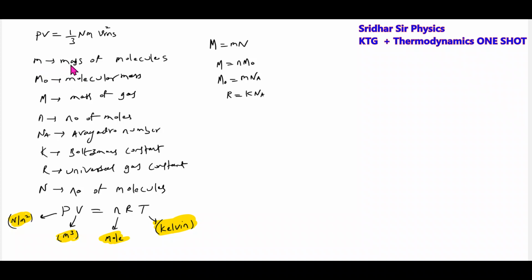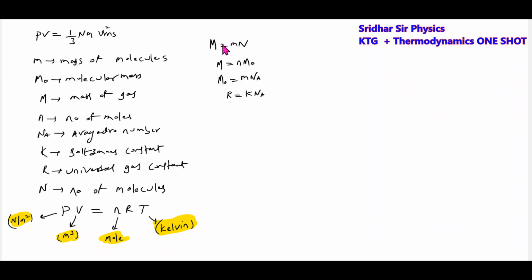Here the terms we will be using: mass of molecule, small m; molecular mass, m naught; mass of gas, capital M; small n, number of moles; capital N, number of molecules; Avogadro number; Boltzmann constant; universal gas constant. And this is the ideal gas equation, PV equals nRT. P is pressure, in Newton per meter square, the SI unit; V is volume, in cubic meter; n is number of moles, in mole; R is the universal gas constant; T is temperature in Kelvin.